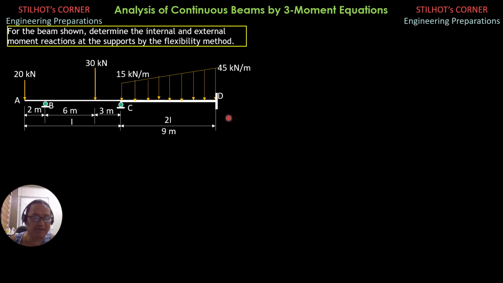Three moment equations, loop deflections. I will also present solutions to this.